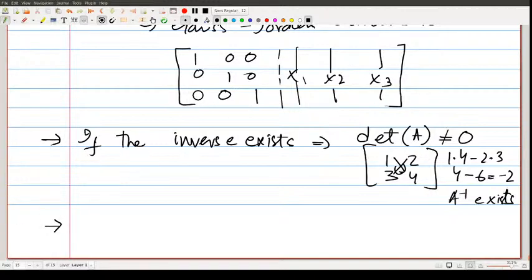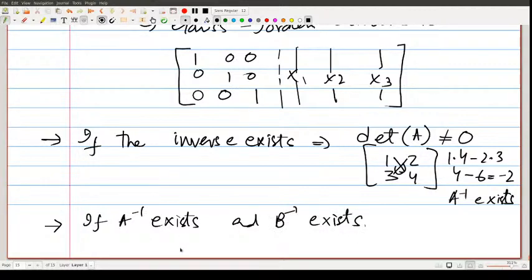The other thing that I would want to mention is that if A inverse exists and B inverse exists, then if you want the inverse of the product AB, you took A times B and now you're looking for a matrix that when you multiply with AB you get the identity matrix, and that is equal to B inverse times A inverse.